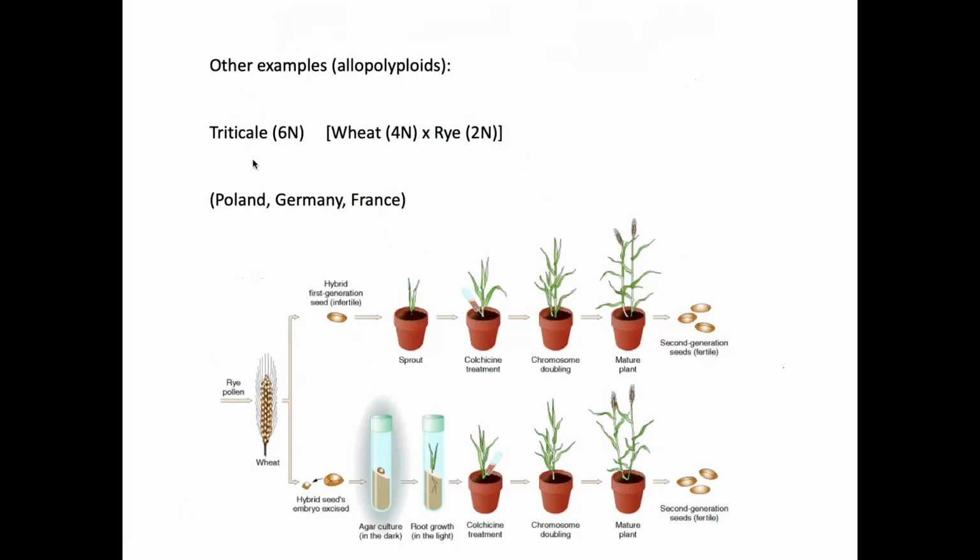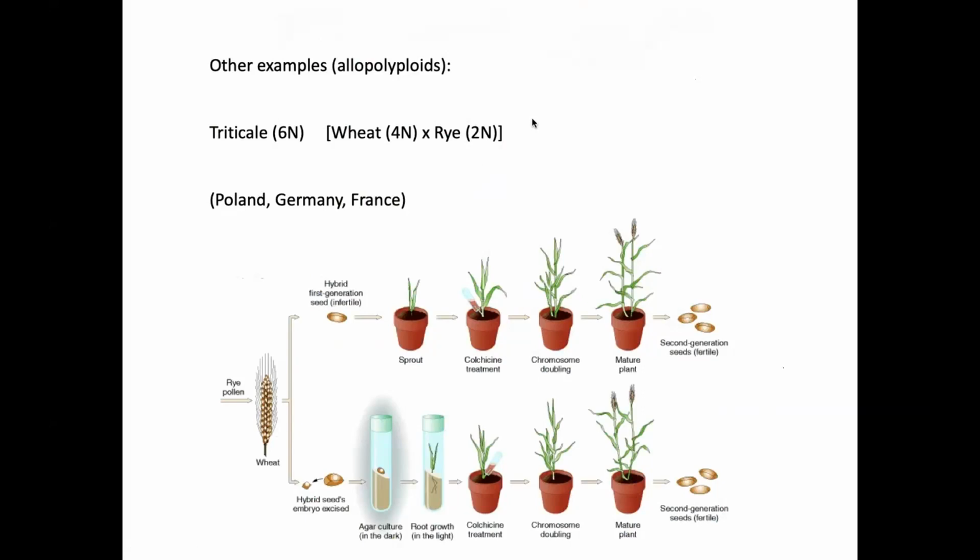So actually a tetraploid wheat with a diploid rye. Combining those 2 genomes, the 4N of wheat with the 2N of rye, gives you a 6N triticale derivative, the allopolyploid derivative.